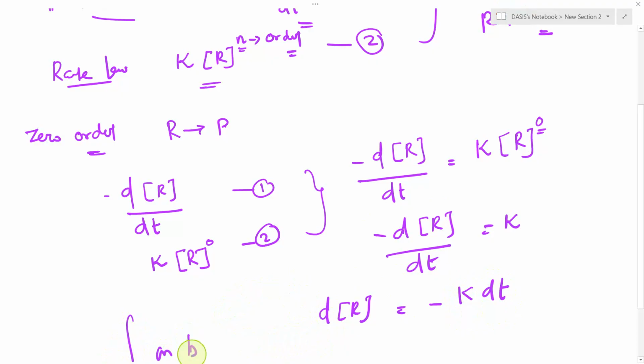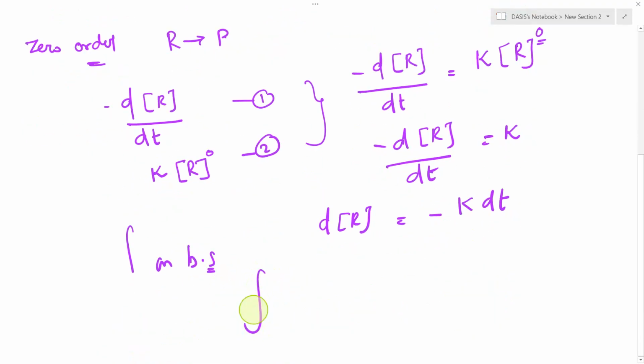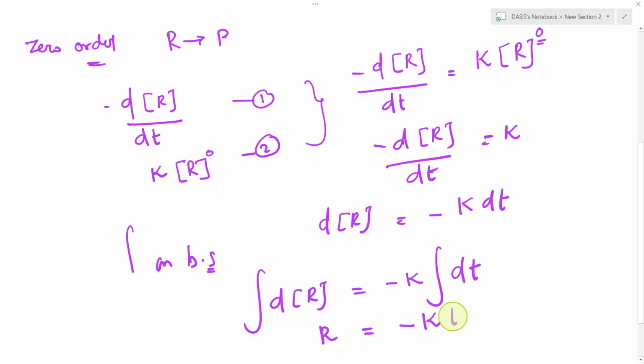Integration of dR is equal to minus the constant k, let us take out, integration of dt. So integration and differentiation cancel each other. So we can write R is equal to minus kt plus I.